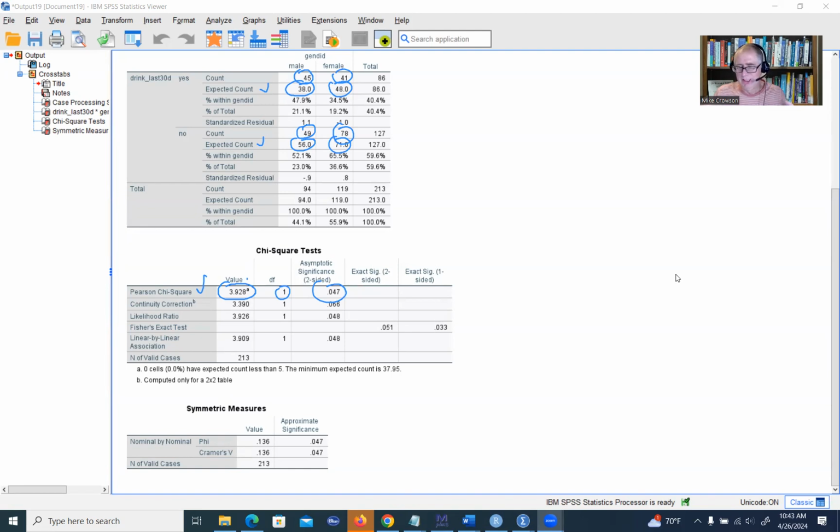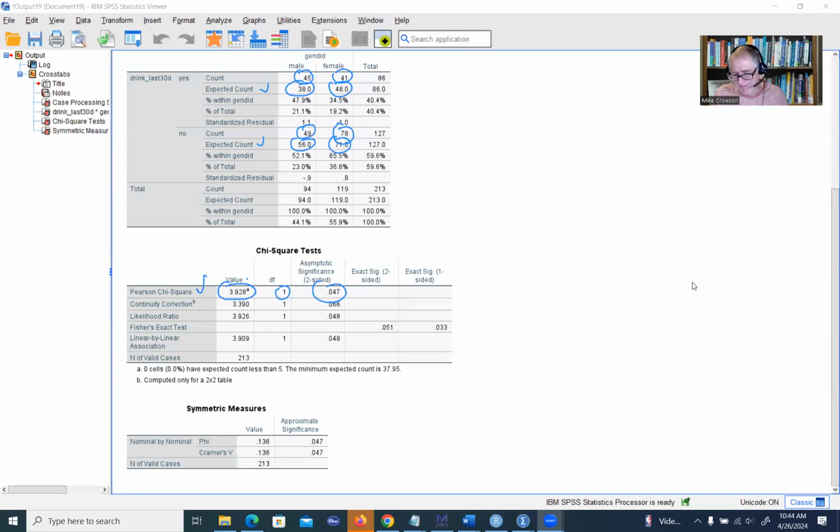So, the greater the discrepancy overall between the observed and expected counts, the more likely it is that we have a relationship between our two variables. And the less of a discrepancy, the less likely a relationship. Let me state that one more time.